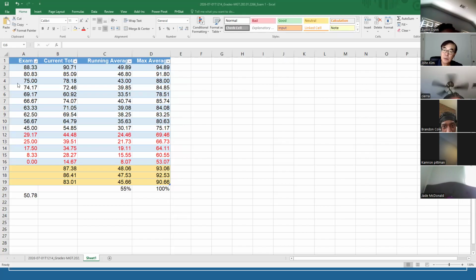Some of them did well. By the way, on Canvas, your score is out of 120. So it is now converted to out of 100, so percentage. Average score is 50.78.